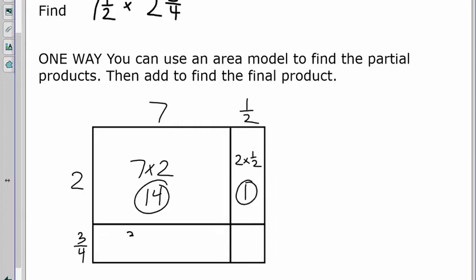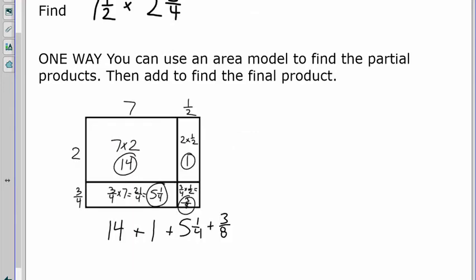Here we have 3/4 times 7, which is 21/4, which is 5 1/4. And here I have 3/4 times 1/2. 3 times 1 is 3. 4 times 2 is 8. So I got 3/8. Now I just need to put all those parts together.